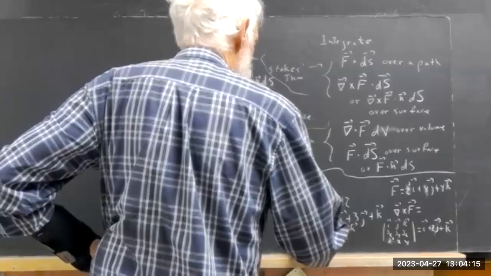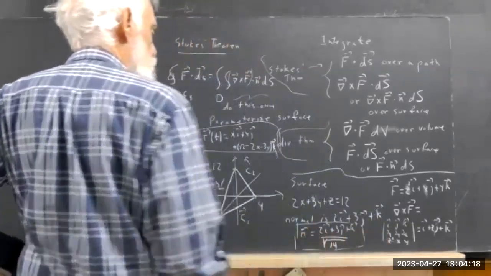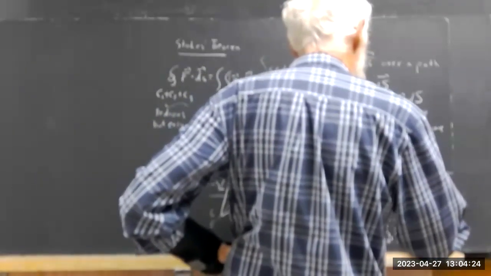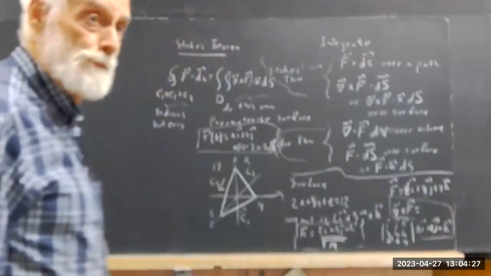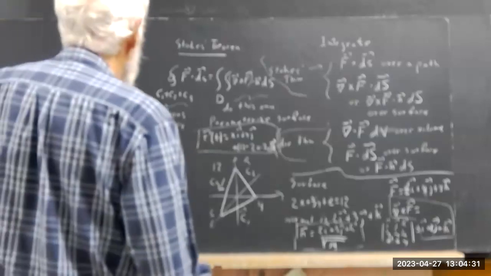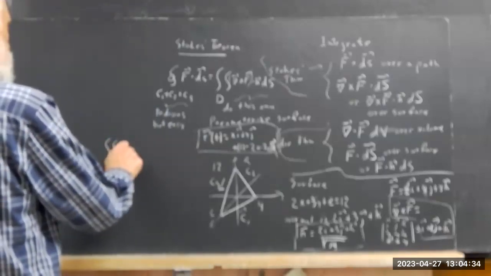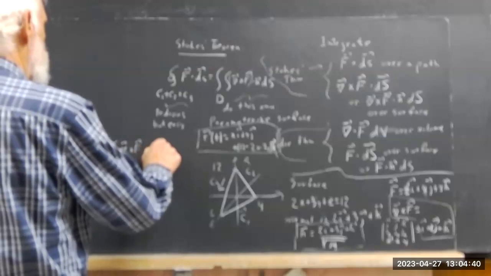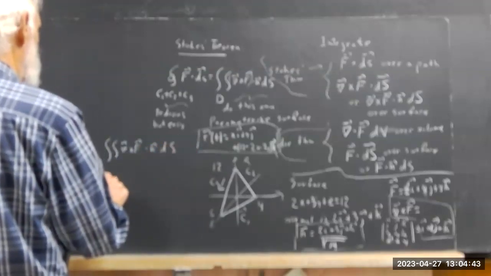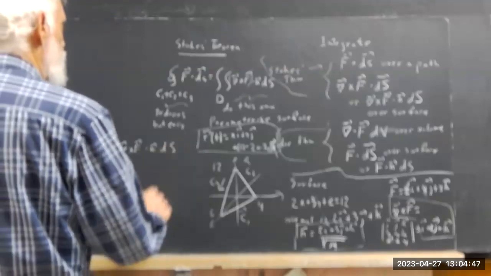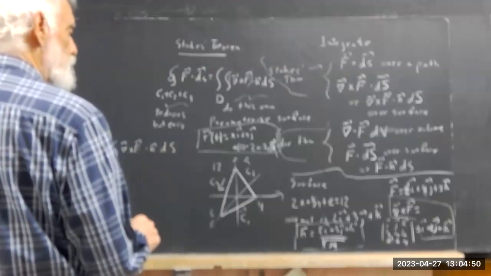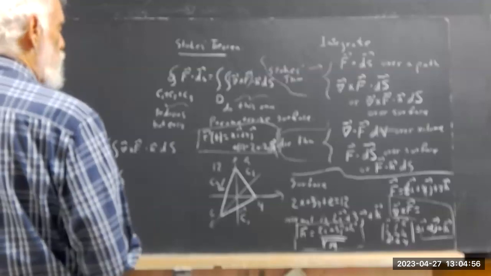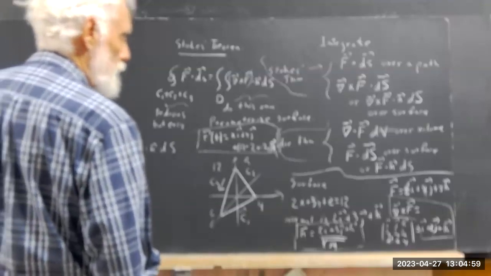Here's our normal vector. Here's our del cross del. So the integral of F dot N dS. We've got a couple minutes.